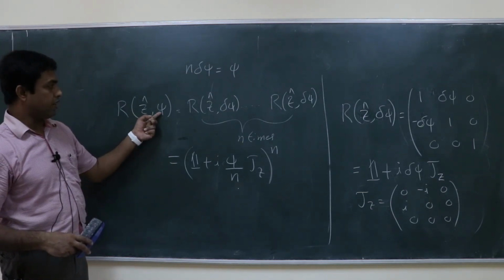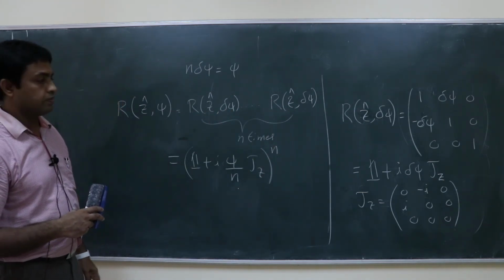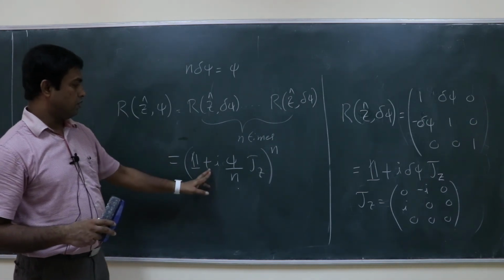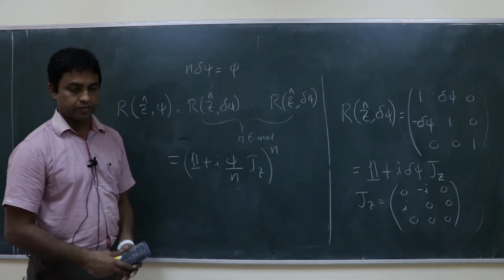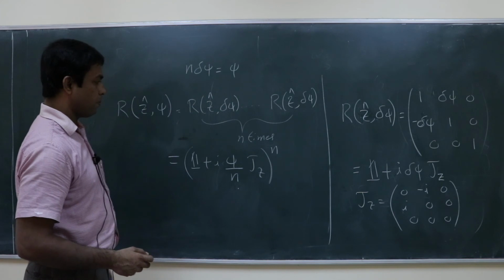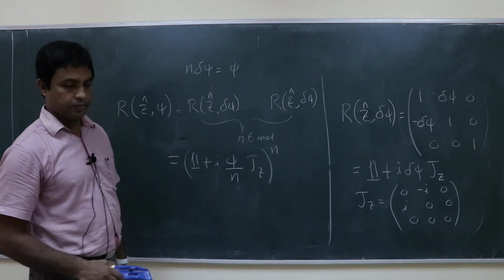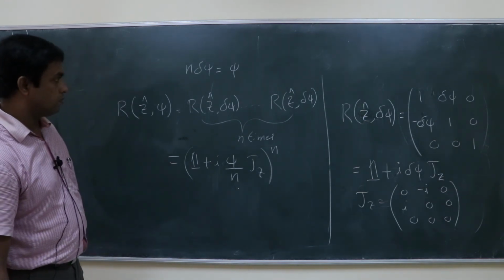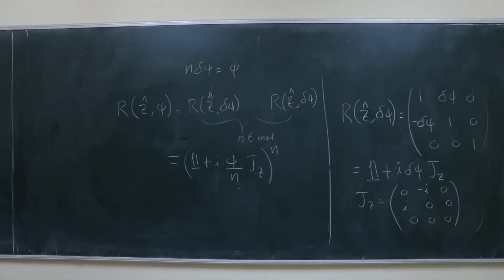So a psi rotation is n times you are doing the delta psi rotations. Then you will get identity matrix plus i psi by n jz, power n. So the next question is, suppose n goes to infinity. While we are multiplying these small rotations, we can add small rotation and small rotation. Very good question.